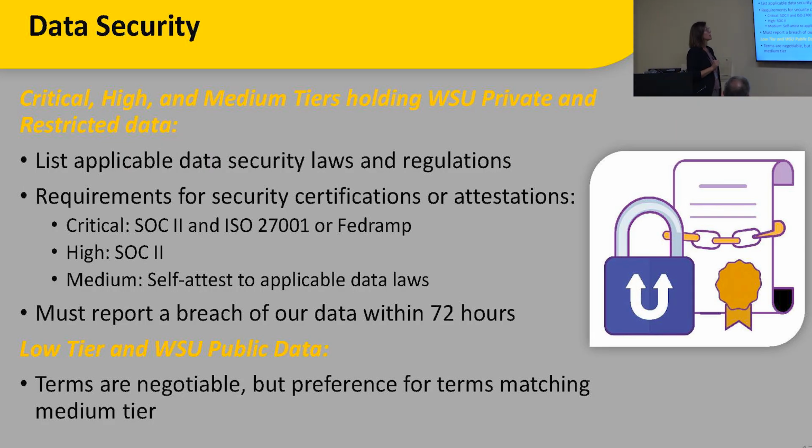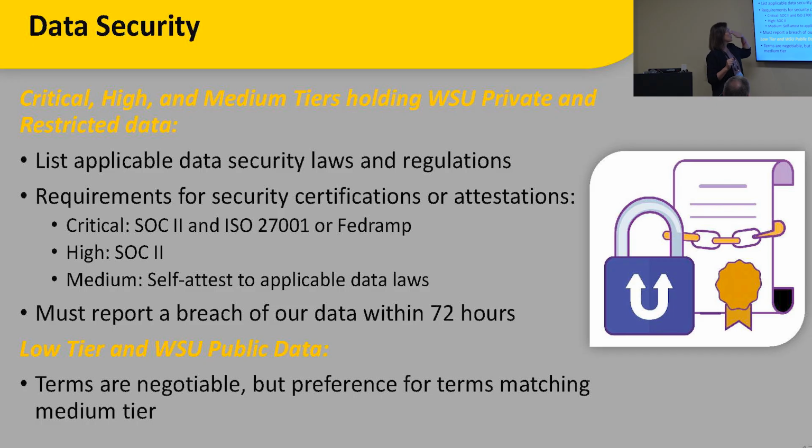For data security, again, for critical, high, and medium tiers, we want the applicable data security laws and regulations, if there are some, based upon the type of data that's going out. Again, we want requirements that they have to share security certifications with us, because if it's not in the contract, sometimes vendors can tell you no if you ask for a copy of their SOC 2 cover sheet.